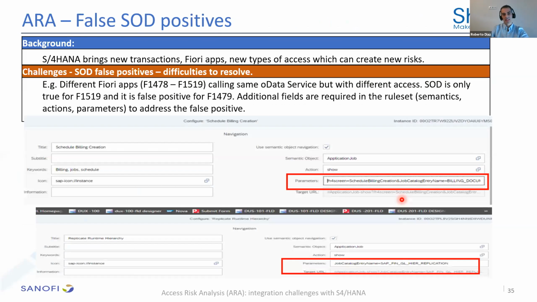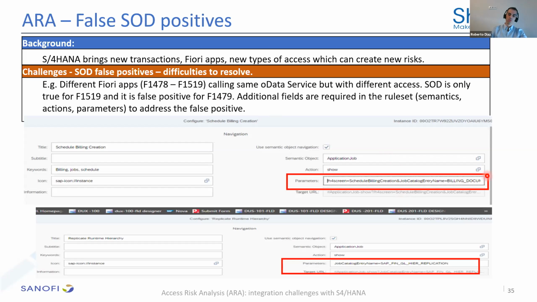A challenge that we had, well, we found a few false SOD positives. And this is because we detected a couple of Fiori apps which are calling the same OData service, and the rule set is not able to look deeper, so it only stops at the OData service.